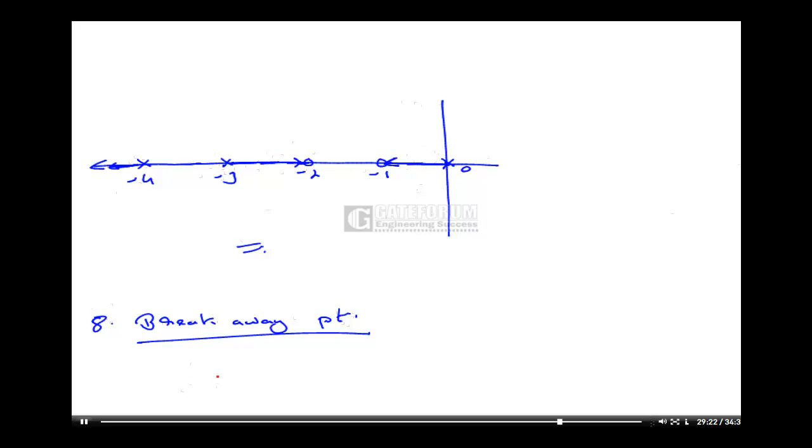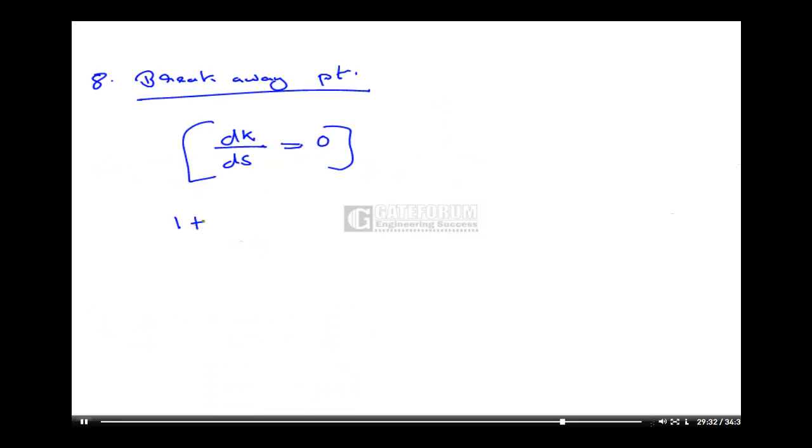To find the breakaway point, we have to find the expression for dK/ds and equate it to 0. 1 plus G(s)H(s) is equal to 0. If I write G(s)H(s) in terms of numerator and denominator, I can write this as B(s)/A(s).